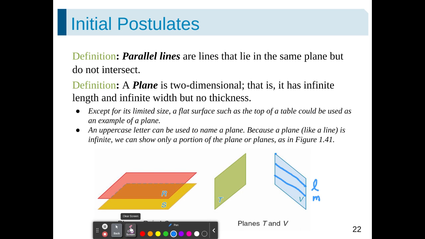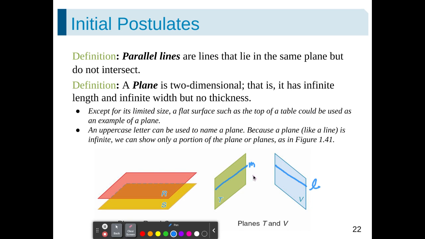If two lines are not in the same plane, like if I had line L here and line M over here, obviously they don't look parallel, but we can't say they're parallel because they're not in the same plane.